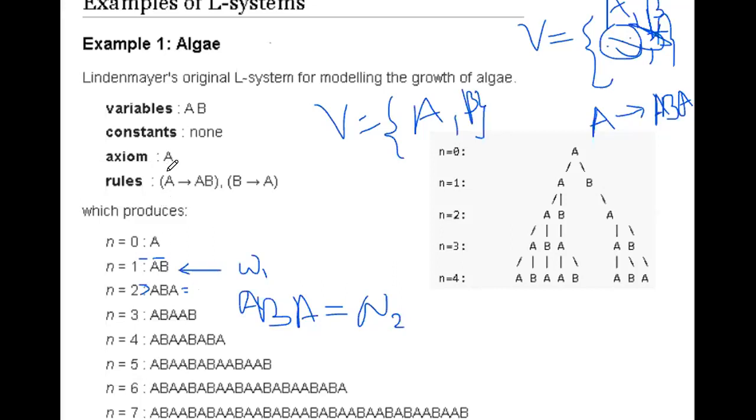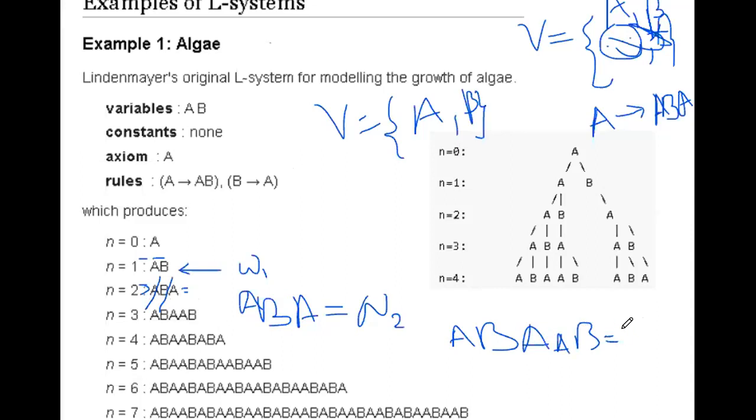A. If you have A, you change it to AB. A is done. The next symbol is B, and B is converted to A. Next one, A, is converted to AB. So this is your third rewrite.